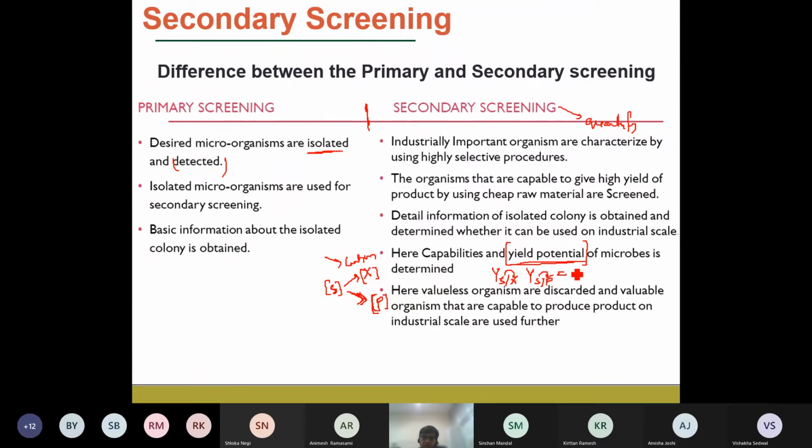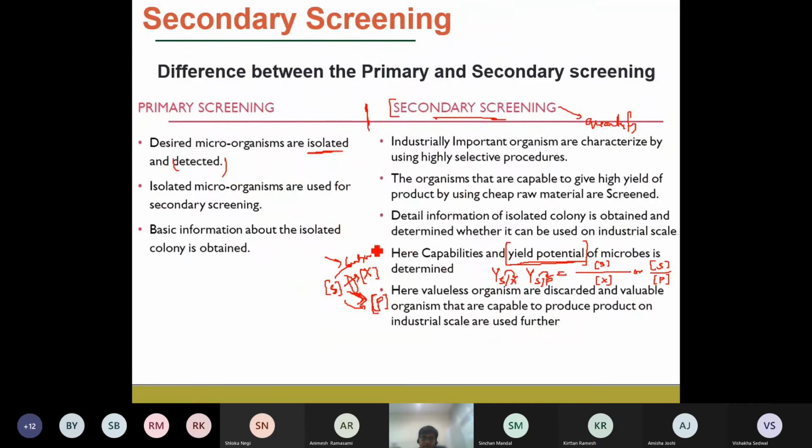So the change in the concentration of the substrate to the change in the concentration of the biomass, or of the product, gives you a quantification of the efficiency of these microbes in converting substrate to biomass and substrate to product. These are the terms used to quantify the selected microbes during secondary screening.